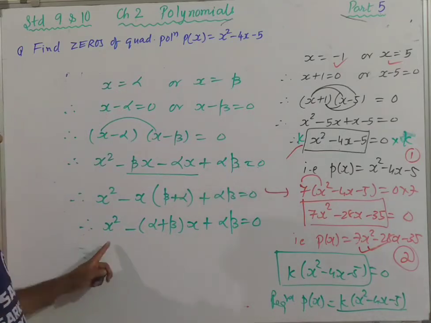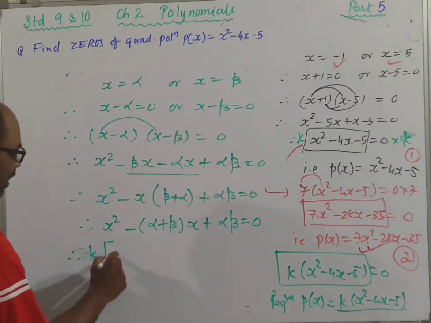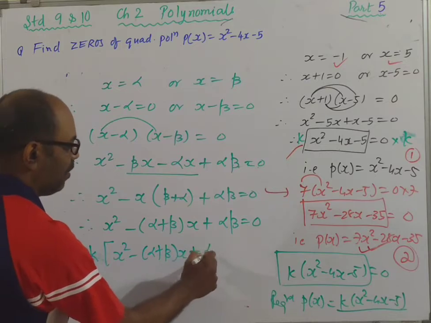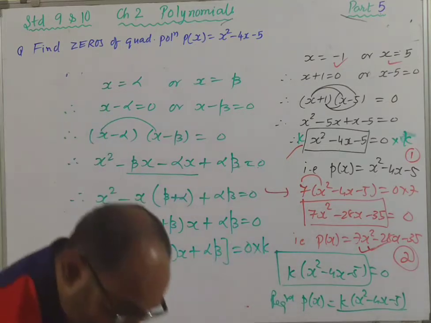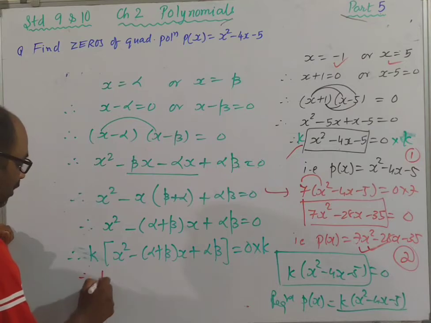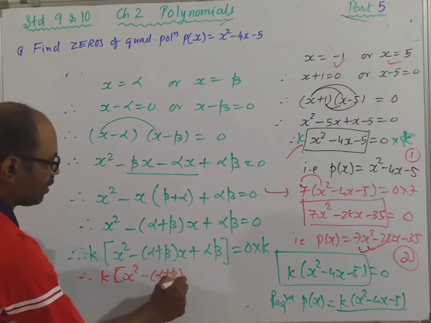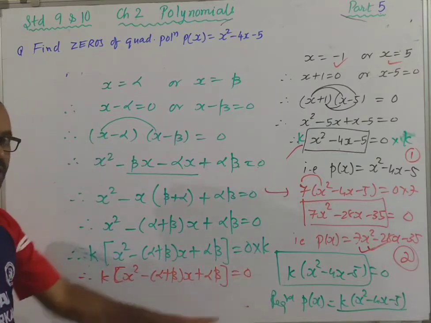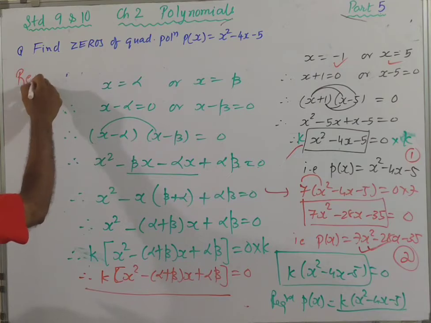Don't forget, now multiplying k on both sides. Therefore, k into x square minus alpha plus beta into x plus alpha into beta is equal to 0 into k. That gives me k into x square minus alpha plus beta into x plus alpha beta is equal to 0. That means this is your quadratic polynomial.